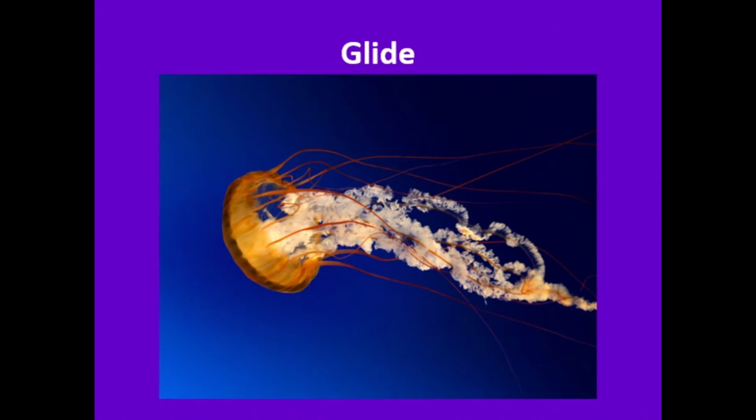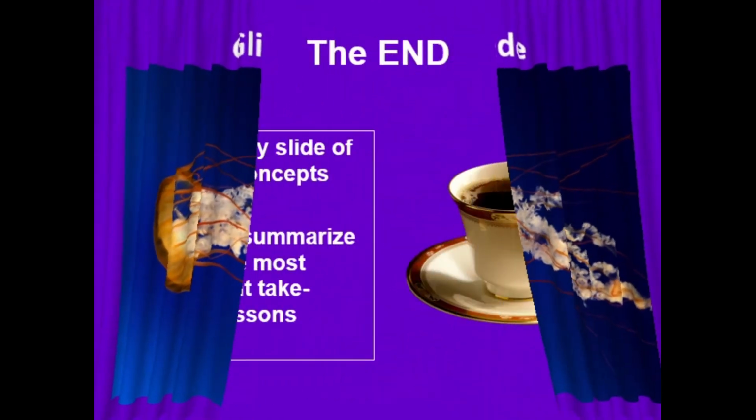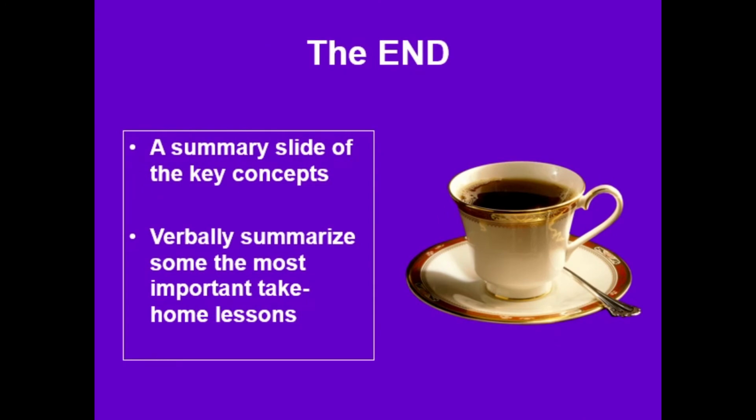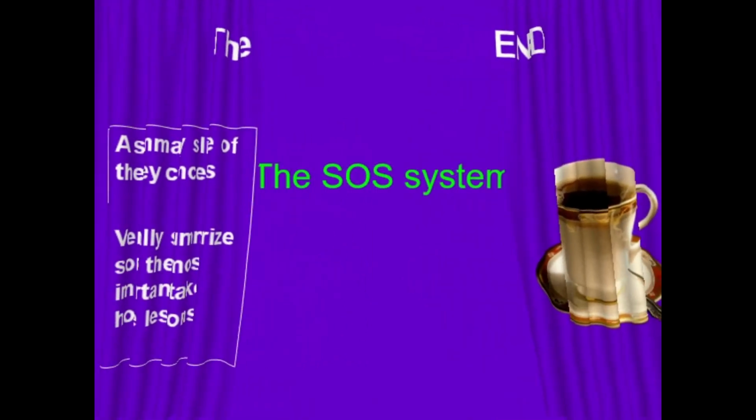You continue covering your learning objectives through the middle of the lecture until you get to the end, where you need to have some sort of summary slide or verbally summarize the take-home lessons for your lecture.